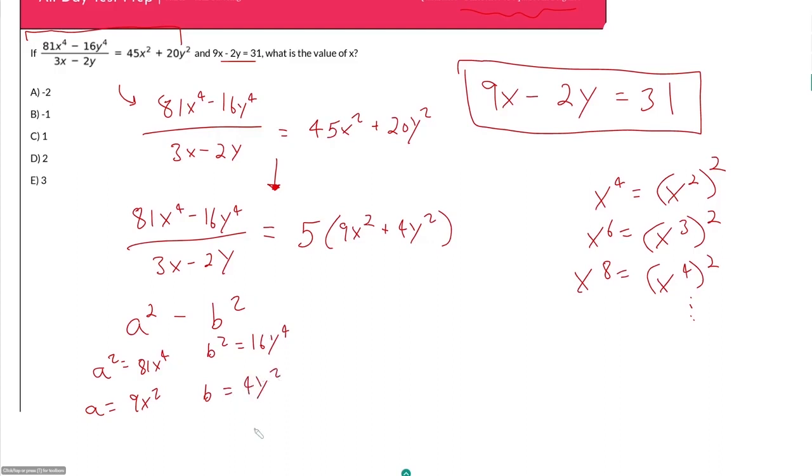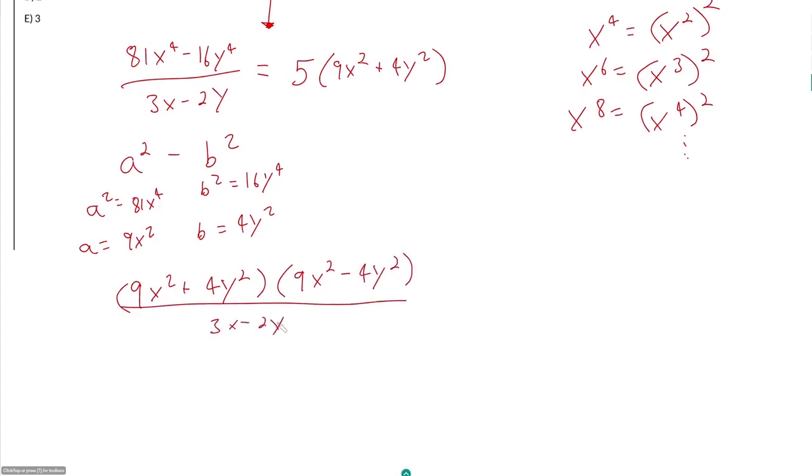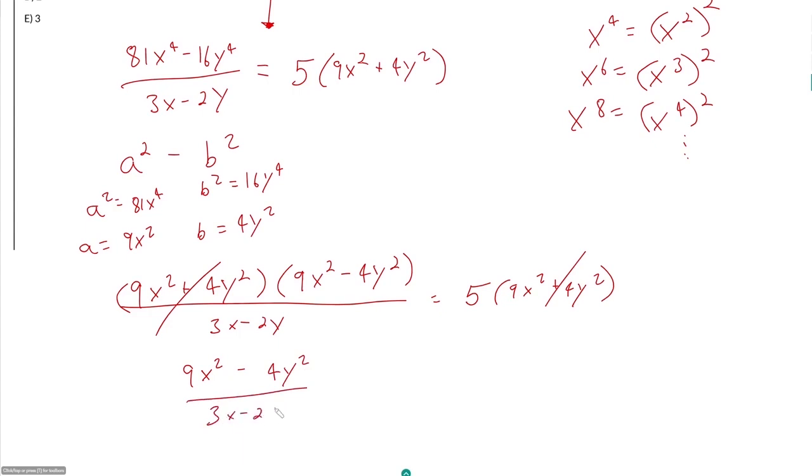So in its factored form, we would have 9x squared plus 4y squared times 9x squared minus 4y squared, all over 3x minus 2y. This is equal to 5 times 9x squared plus 4y squared. This has me happy because I can divide each side by 9x squared plus 4y squared. Those cancel out, but now I'm left with 9x squared minus 4y squared over 3x minus 2y is equal to 5.